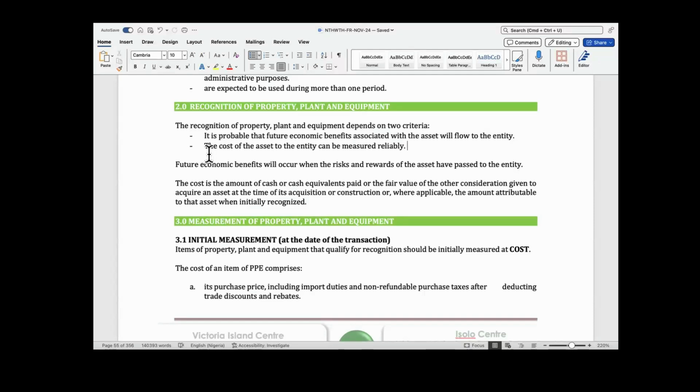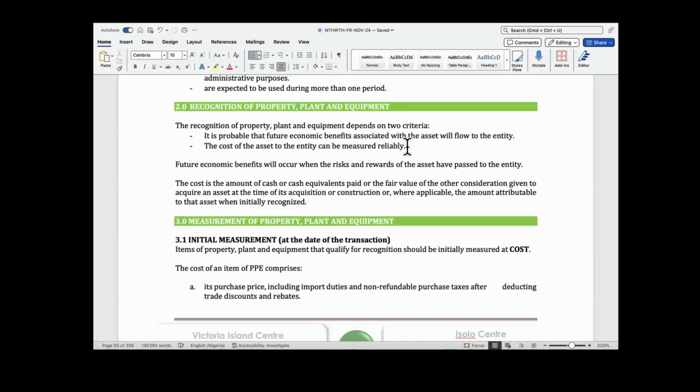Number 2 is that the cost of the asset to the entity can be measured reliably. When it comes to future economic benefit, it majorly means that you must have control of that asset, that the risk and reward attributable to it have been passed to you.